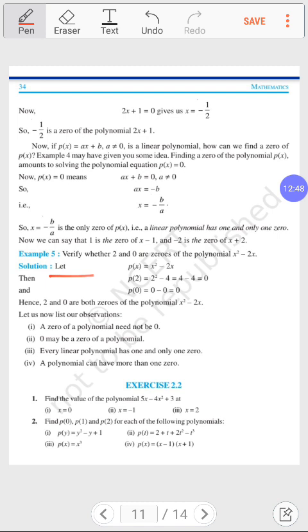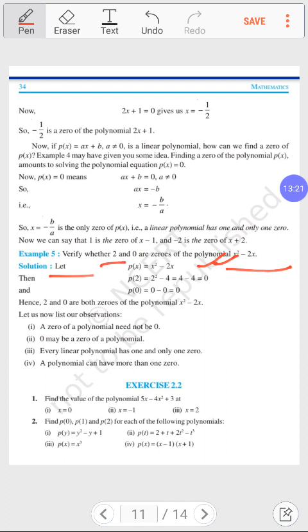Let p(x) be equal to x square minus 2x. Then what happens? P(2) is equal to 2 square minus 4. 2 square minus 4 means 4 minus 4, and 4 minus 4 is 0. As it has been written, x square minus 2x, so we write the value of x as 2.